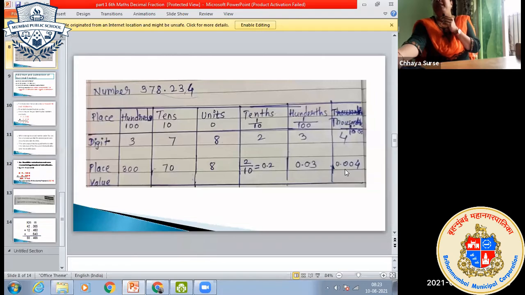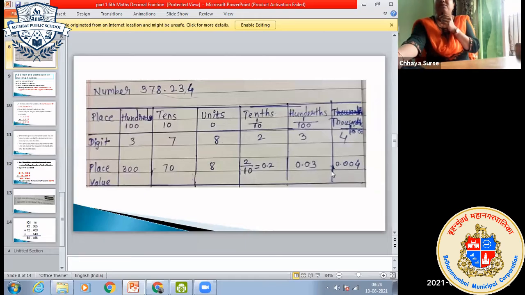Then now how many digits are here after the decimal point? 1, 2 and 3. 3 digits. Yeah. So this is the rule.